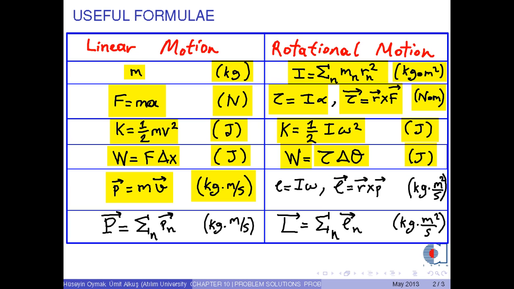corresponding to the linear momentum in linear motion. We have angular momentum in angular motion, and it has the magnitude I times omega, and also, since it is a vector, it is calculated as R cross P. Finally, we have the total linear momentum in linear motion, which is calculated by the sum of the individual linear momenta of the single particles, and we have the total angular momentum in angular motion, which is calculated by the sum of the angular momenta of the individual particles.